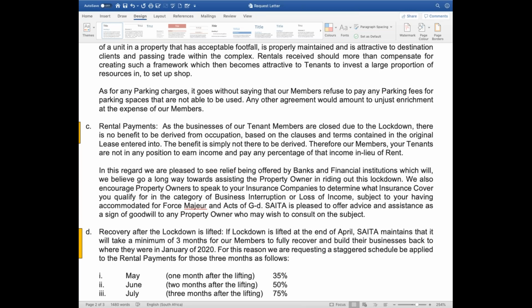Okay. Yes. Just coming back to the 10% that you were suggesting that we offered to pay as a percentage of the rental. I think it is a good idea to give them some direction as to where we would be prepared to go, because I doubt very much that they're going to be happy with 0%.